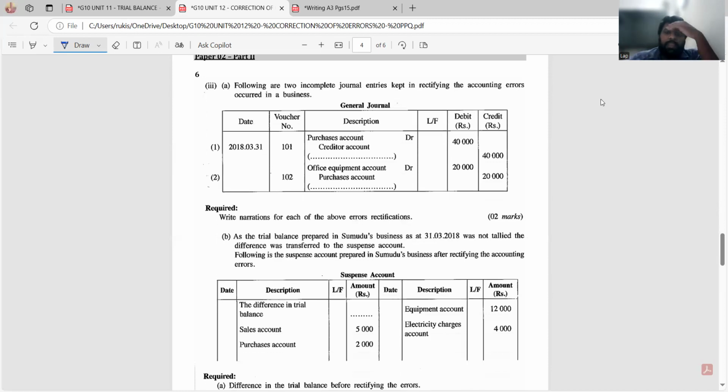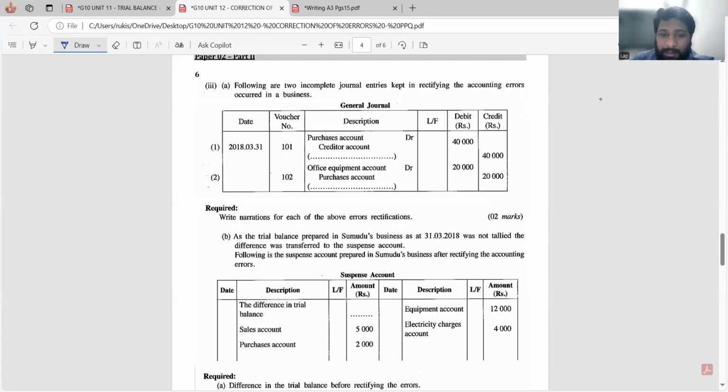Next. Following are two incomplete journal entries kept in rectifying the accounting errors occurred in a business. First one, they are asking us to write the narration for both. So as the correction, we have debited the purchase account, credited the creditor account.